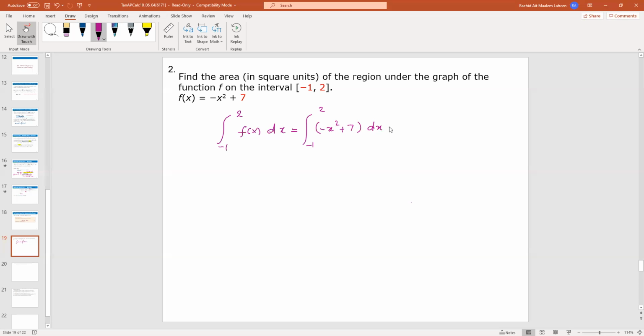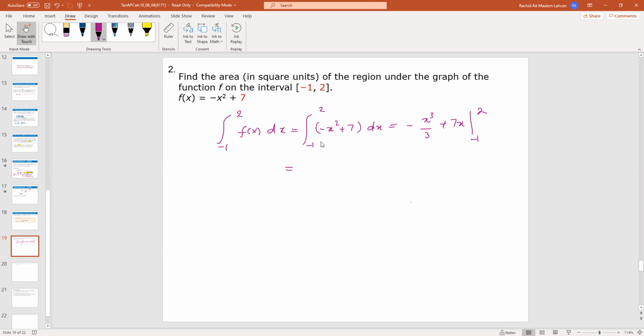and here, of course, you're going to do one at a time, and that's negative x cubed over 3 plus 7x, and that's going to be from -1 to 2.